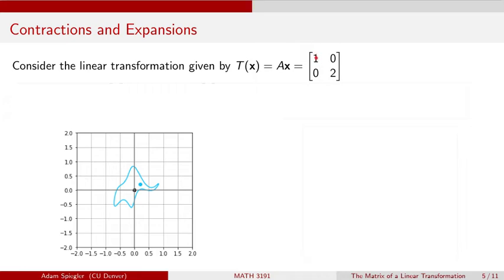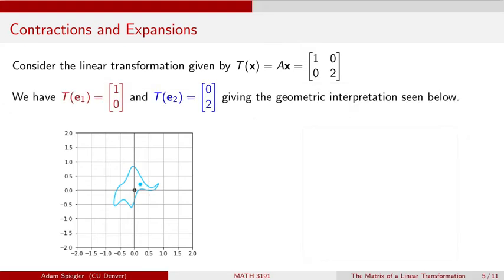There was a 1/2 here and a 1/2 here, and that resulted in shrinking the elephant to scale. So now let's think about what happens if one of these is 1 and the other one is 2. First we can think about what happens to the standard column vectors E1 and E2. E1 is not going to get moved anywhere.